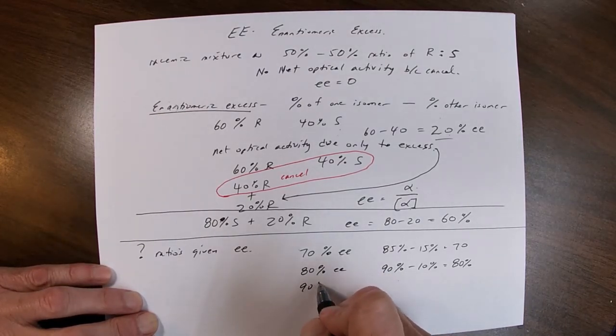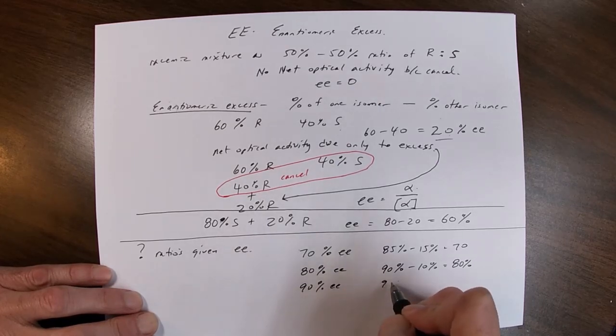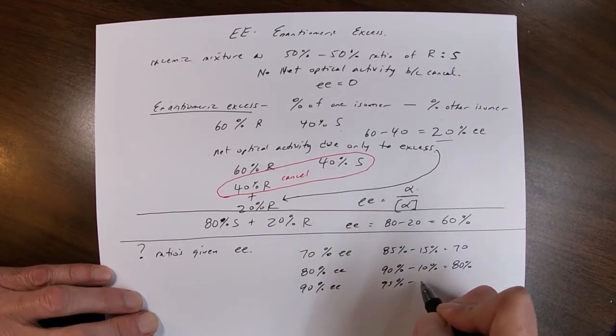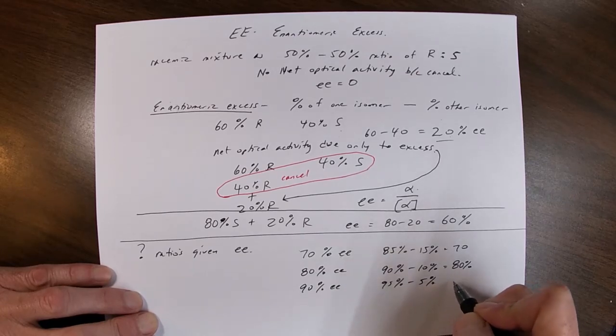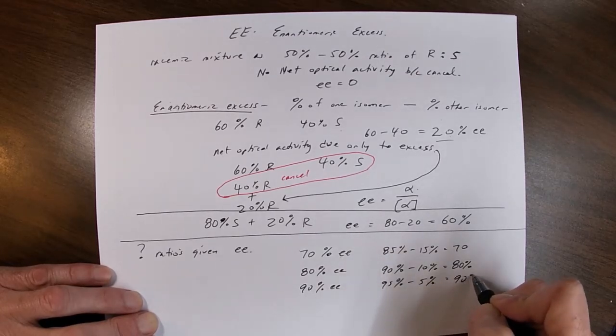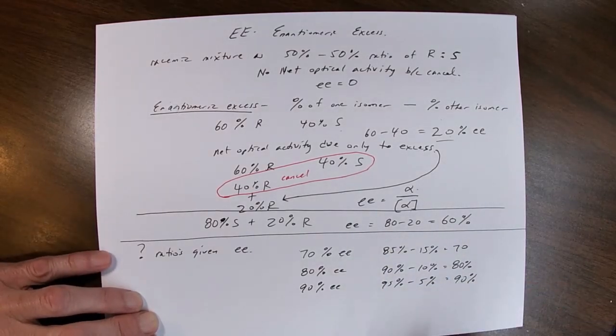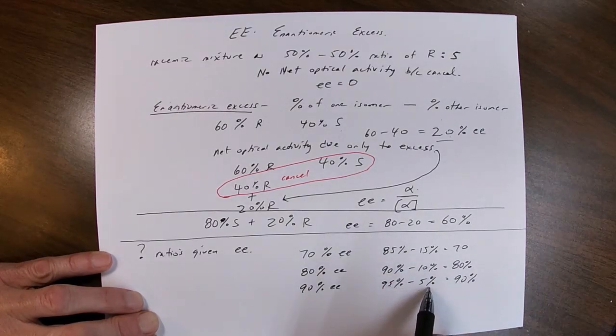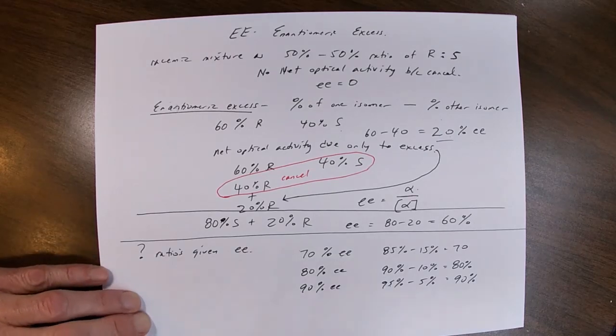So let's say we had a 90% enantiomeric excess. That would require 95% minus 5%. So that would give you 90%. So again, if this is one isomer, this is the other, 5% of this is canceled by the other. So you only get 90% of the optical activity.